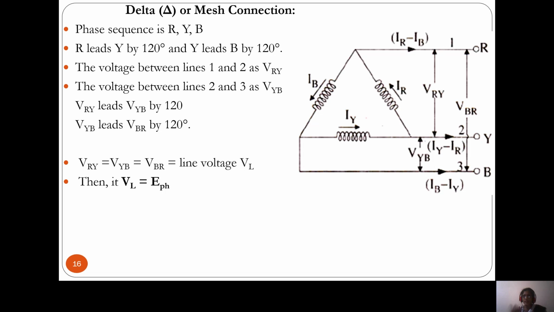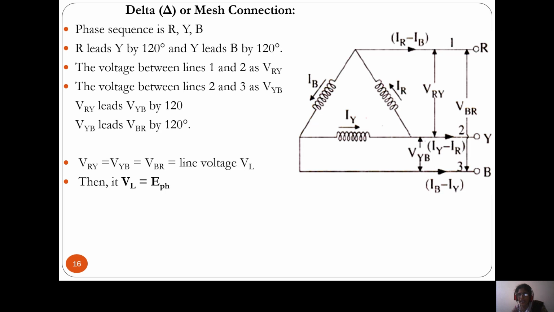Generally, when any loads are connected in parallel, the voltage across them must be the same. So what is the delta connection? Delta connection means dissimilar ends are connected, that is A to B dash, B to C dash and C to A dash, forming a closed path. Then it is called a delta connection.